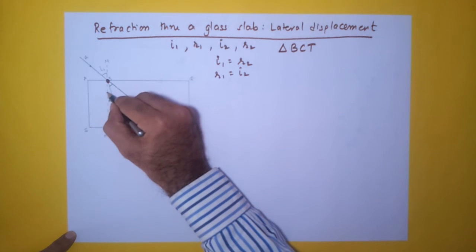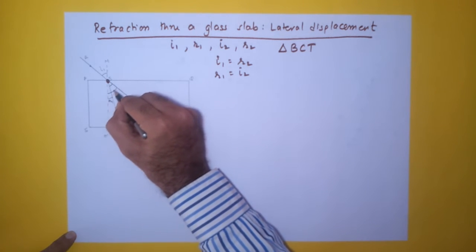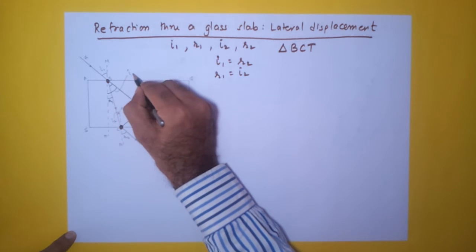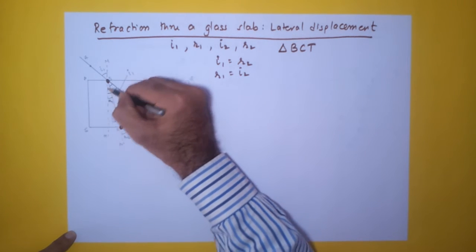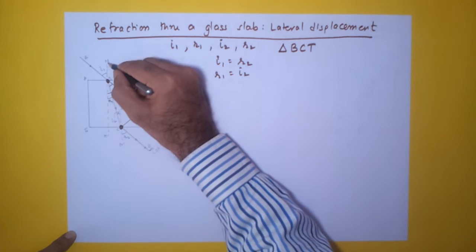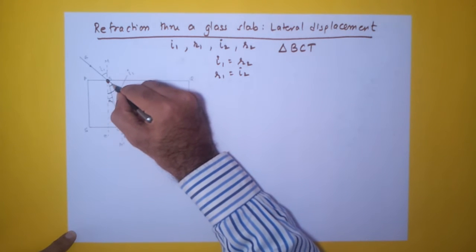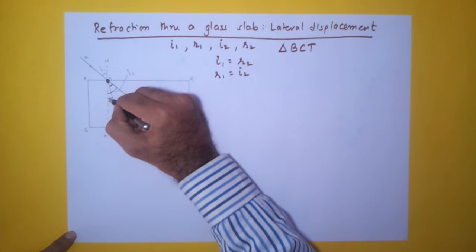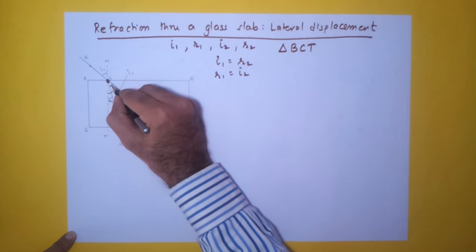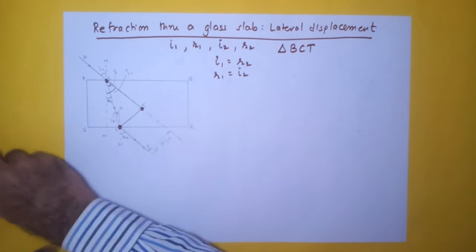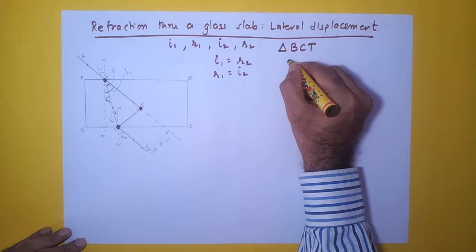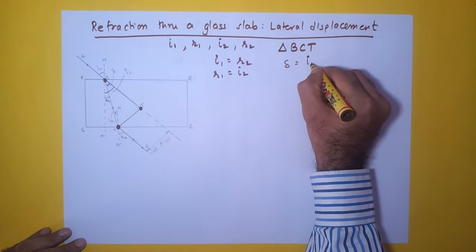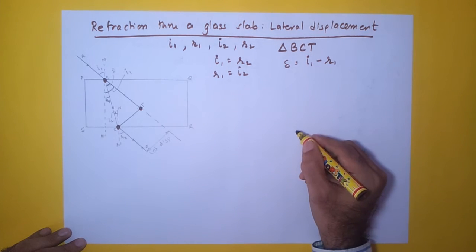Now, this entire angle would be equal to I1, because I1 and this would be vertically opposite angles. You can see this line over here is the normal. So this angle would be I1 minus R1. We can call this angle delta, and what we can show is this angle delta is equal to I1 minus R1.